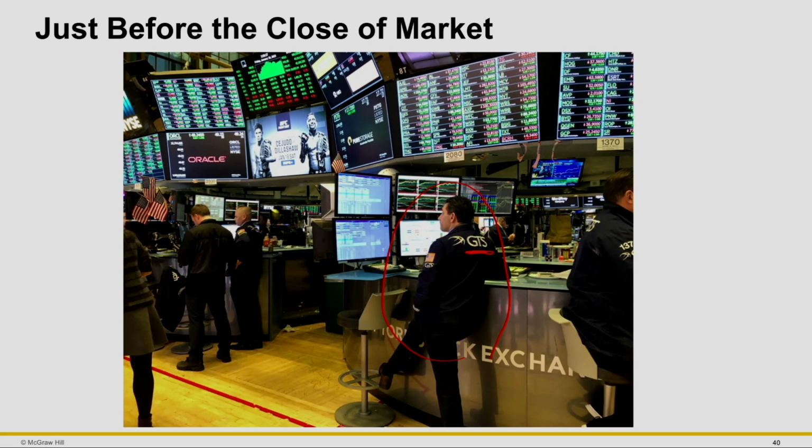And so if you wanted to trade that stock, you would walk over to this gentleman's post and tell him what kind of trade you wanted to execute, and he would take care of it. In this picture, he's also monitoring some of the electronic trading that's going on, and monitoring his bid and ask prices.